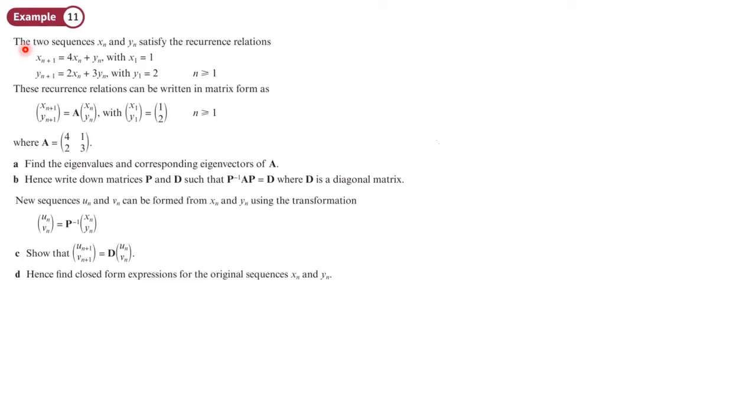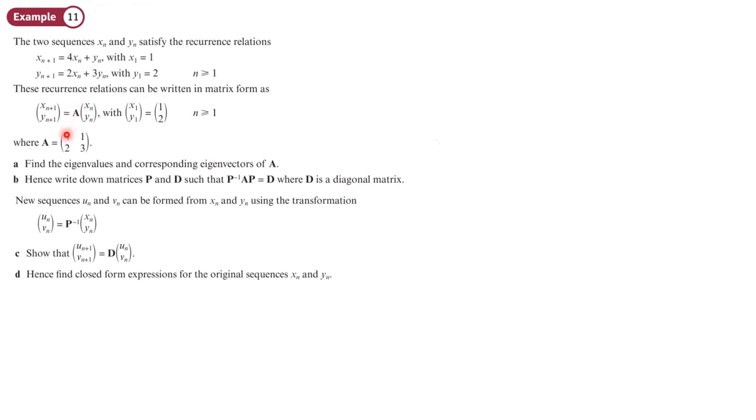Okay, so in this example here, what we've got is an application of vectors or matrices, eigenvalues and eigenvectors. What we've got here is two recurrence relations. One in terms of x, one in terms of y, and both of those recurrence relations can be expressed in this form.